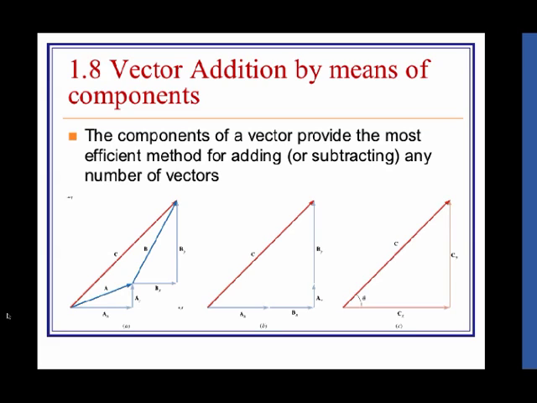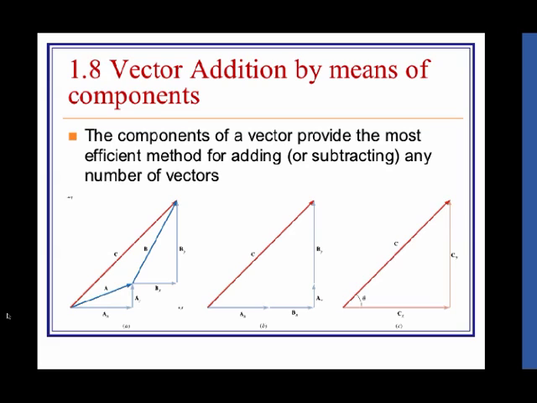We then look at the components in each direction separately. So we will add all the components in the x direction and all the components in the y direction. For example, on the bottom here in the second picture, we have AX and BX, the components of each one of those 2 vectors.